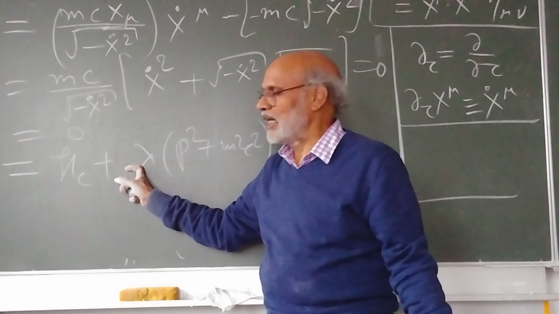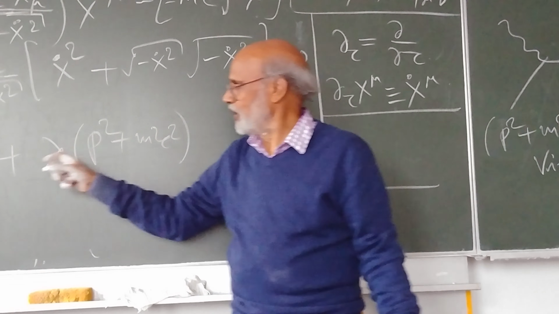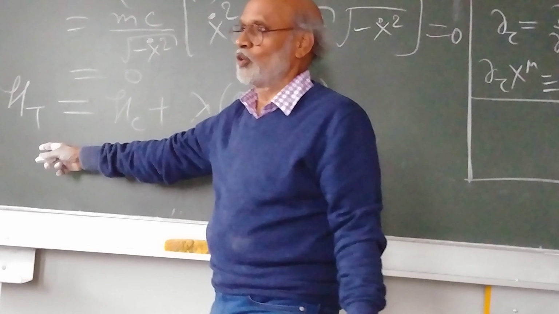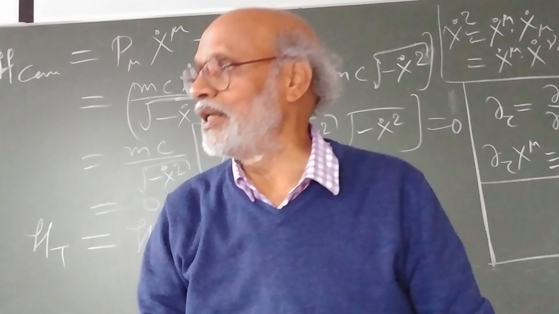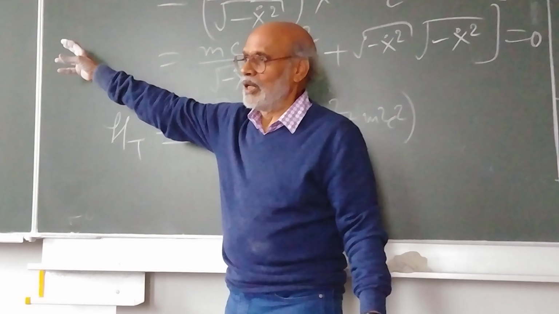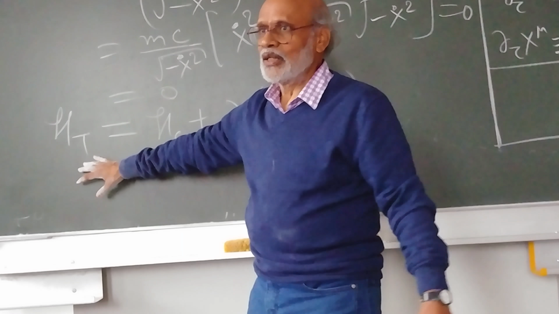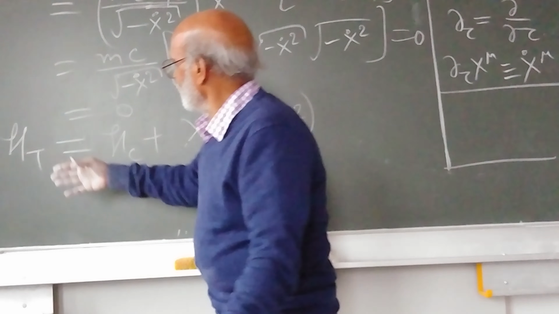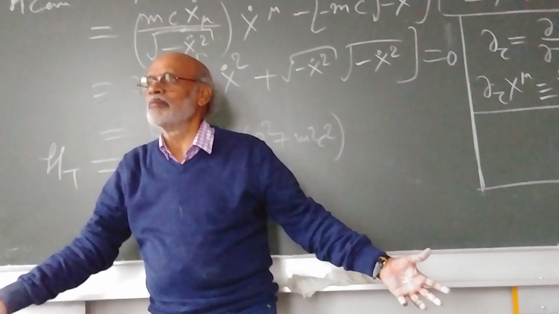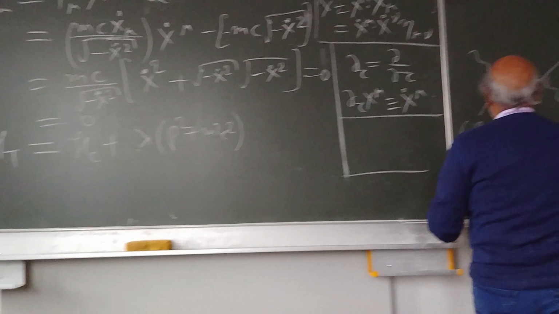Okay, so this lambda is a Lagrange multiplier field, and you add this constraint into the canonical Hamiltonian, and this gives the total Hamiltonian. The dynamics of the theory is then determined not by the canonical Hamiltonian in general for all constrained systems, but by the total Hamiltonian. And for unconstrained systems, these two are identically the same. So let me give you an example of an unconstrained system.